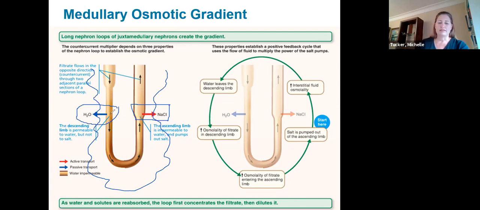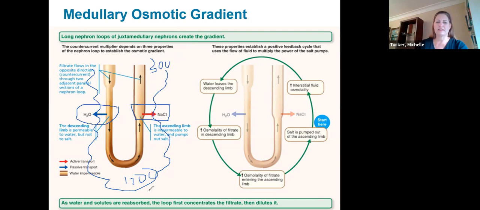So the loop of Henle has two functions: the reabsorption of water and sodium chloride back to the systemic system. That'll get us almost 90% of where we need to be. The second function is to create this gradient where we have 1,200 milliosmoles at the bottom up to 300 at the top.